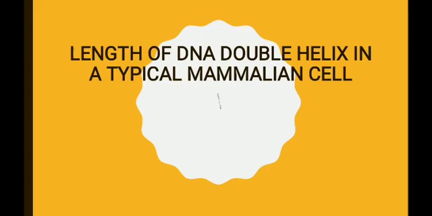See, it is 6.6, particularly in human beings, the length of DNA, that is a diploid DNA, in a single cell is around 6.6 into 10 to the power 9 base pairs. So the length is measured in terms of base pairs, 6.6 into 10 to the power 9 base pairs.